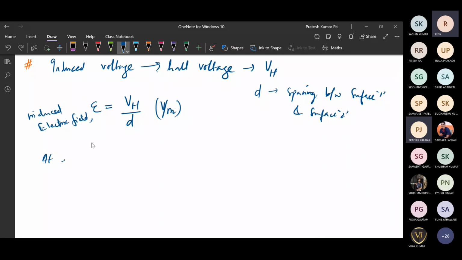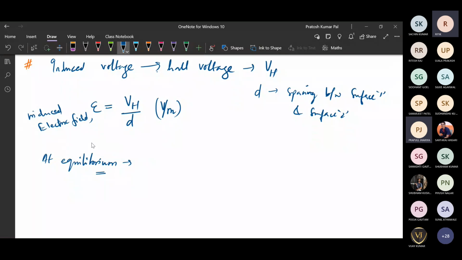At equilibrium, the induced electric field due to the Hall effect must exert a force on the charge carriers which just balances the magnetic force. We have placed the charge carriers into the magnetic field, so the magnetic field will exert a force on the charge carriers.